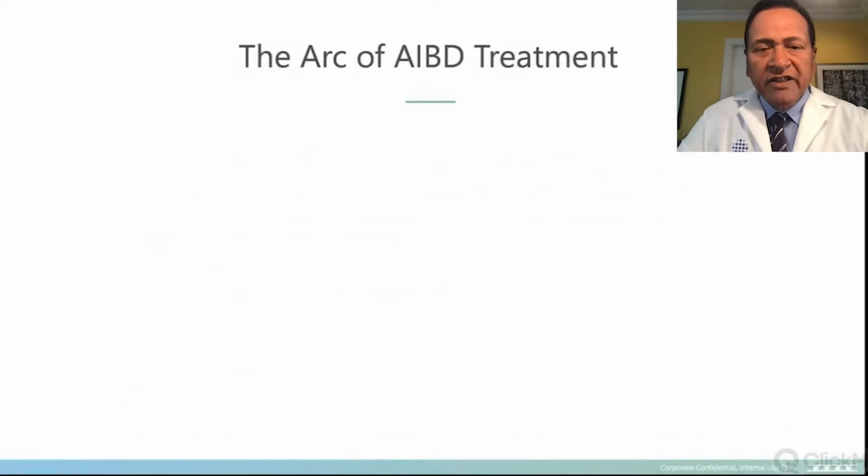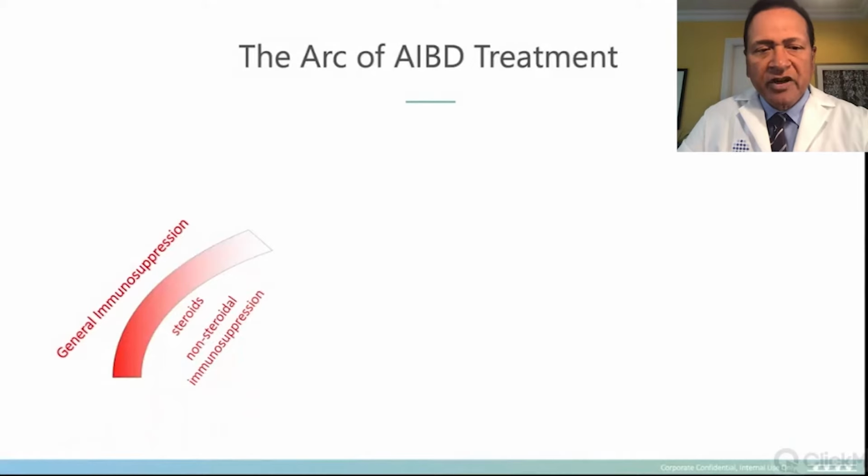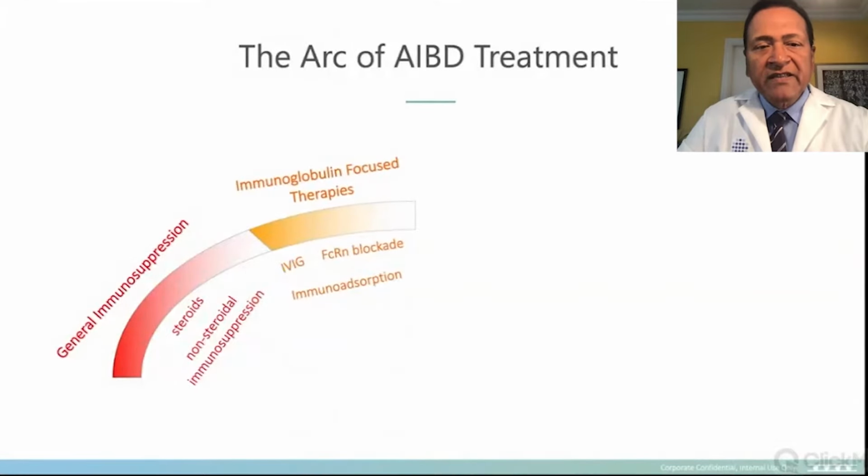So we are continuing to evolve in our ability to manage and treat patients. I just want to take a look at the arc of how we've approached treatment in these diseases. So, of course, there's general immunosuppression with steroids and now non-steroidal immunosuppressives like CellCept or Imuran and others. Because these are Ig-mediated diseases, people have also focused on eliminating or reducing immunoglobulin. So intravenous immunoglobulin therapies have been used.